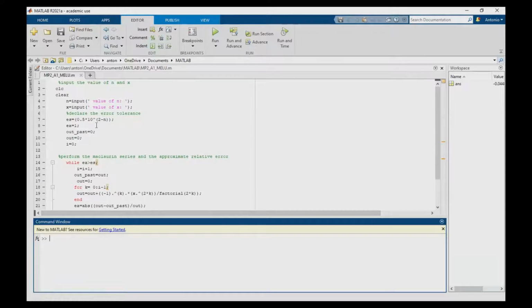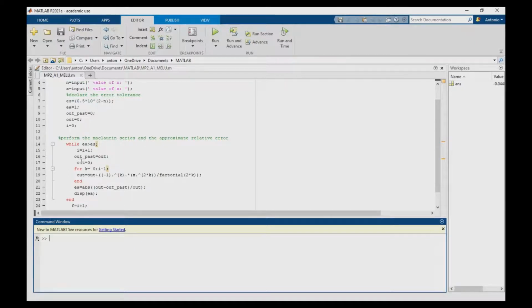Now, before I run this, let me first explain what I did, as I just did on the PowerPoint. Here we see E sub S, epsilon sub S, which is the true percent error value, and I put it down in the language that the program can understand. Then I set E sub A, epsilon sub A, equal to 1, since I have a while and a for loop.